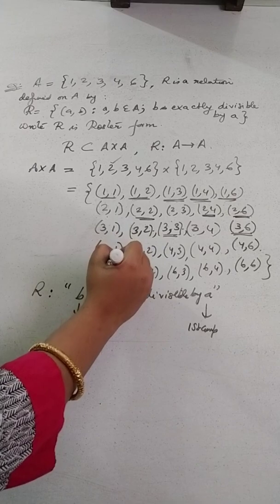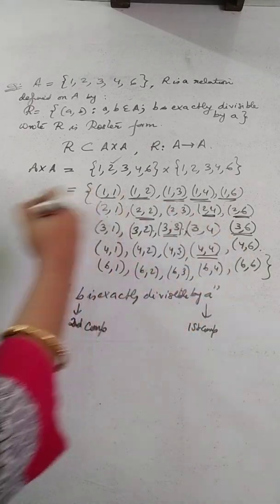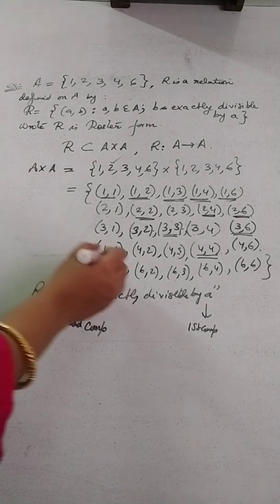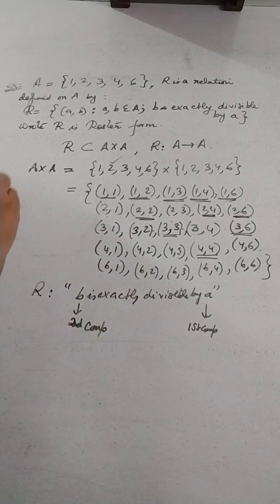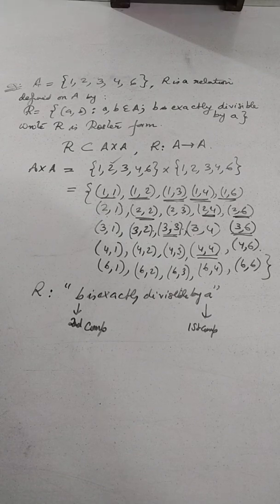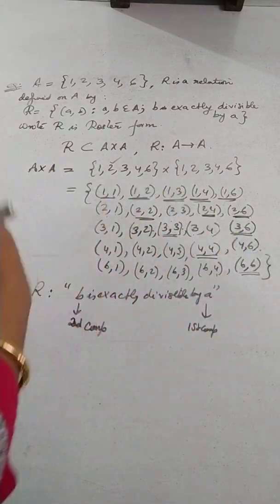For 4: 2 is not divisible by 4, 3 is not, 4 is divisible by 4, 6 is not exactly divisible by 4. For 6: 1 is not exactly divisible because it gives a fraction, 2 is not, 3 is not because it gives a half, 4 is not, but we will have 6, 6.